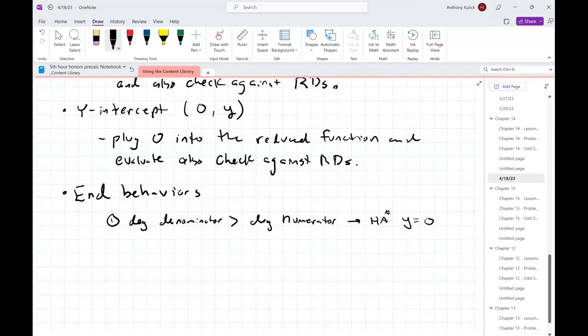And I'm going to put an asterisk by the HA, just meaning that I'm going to call this a horizontal asymptote, but the function might cross it somewhere in the middle. At the ends, it's going to be asymptotic. The function will follow the asymptote at the ends of it. In the middle, it might cross in between.